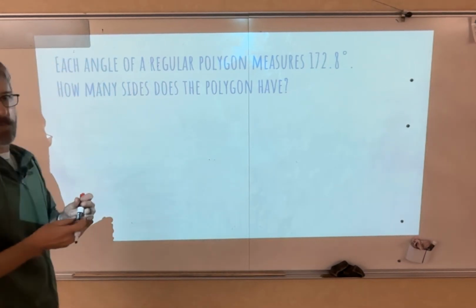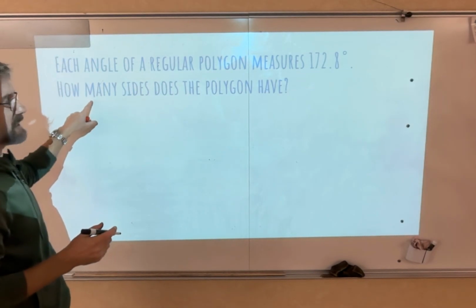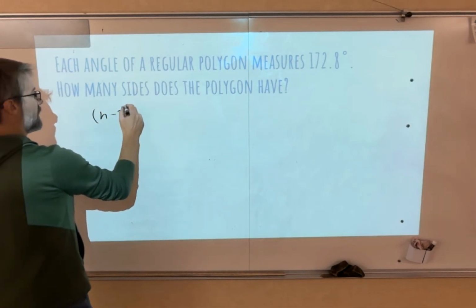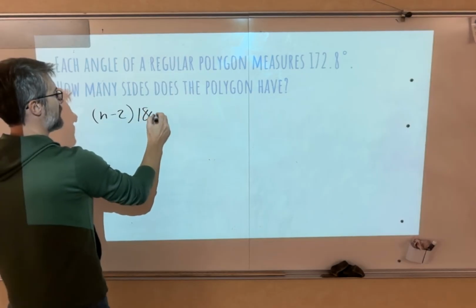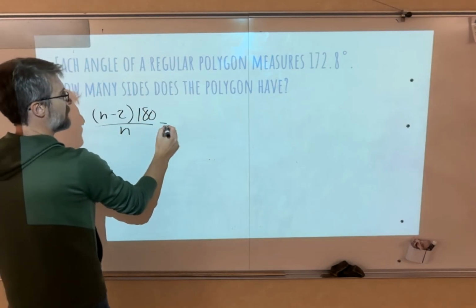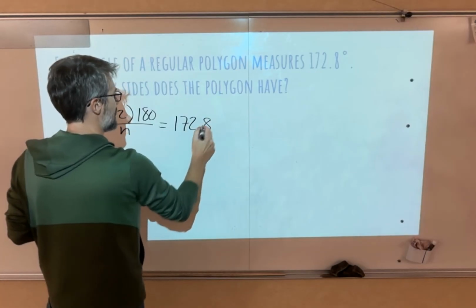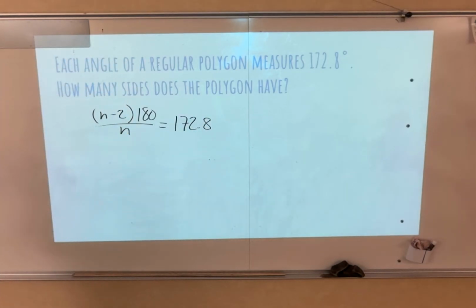We want to figure out how many sides that polygon has. Well, we have a formula for this. n minus 2 times 180 over n is equal to whatever that number is, 172.8, right? So what I need to do now is solve this for n.